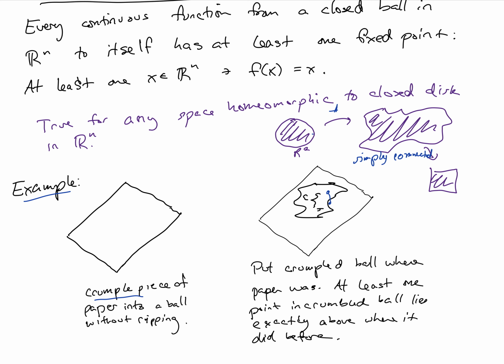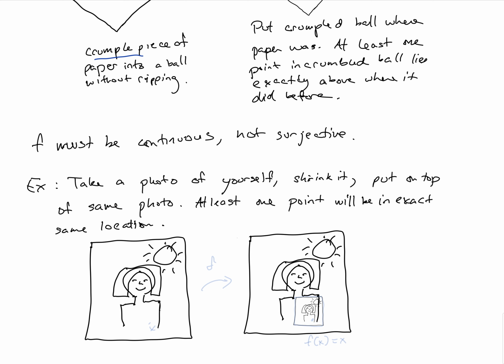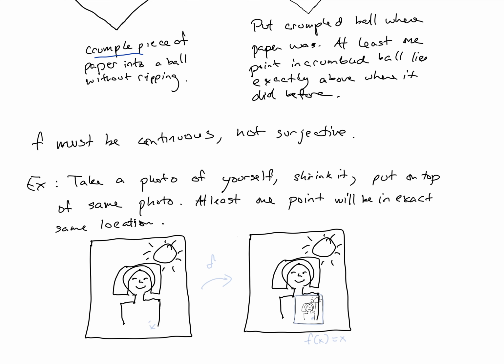As another example, we said that f has to be continuous, but we're not requiring that f is surjective. So, for example, if you take a photo of yourself, shrink it, and place it on top of your original photo of yourself, there will be at least one point that is in the exact same location in both the original photo and the shrunken photo.